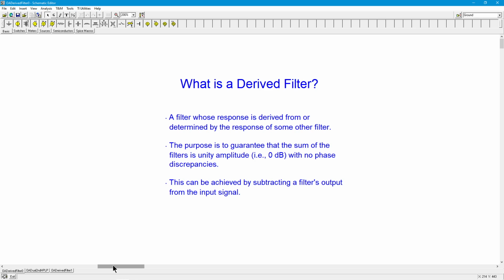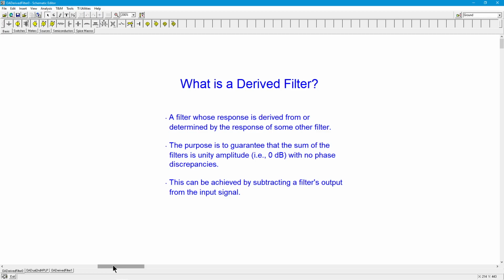So what's a derived filter, right? Basically, as its name implies, the response of the filter is determined by or derived from the response of some other filter. So for example, I could have a high-pass filter and I would derive the low-pass response from the high-pass response. That might sound a little weird, but trust me, it'll be very clear in a sec.